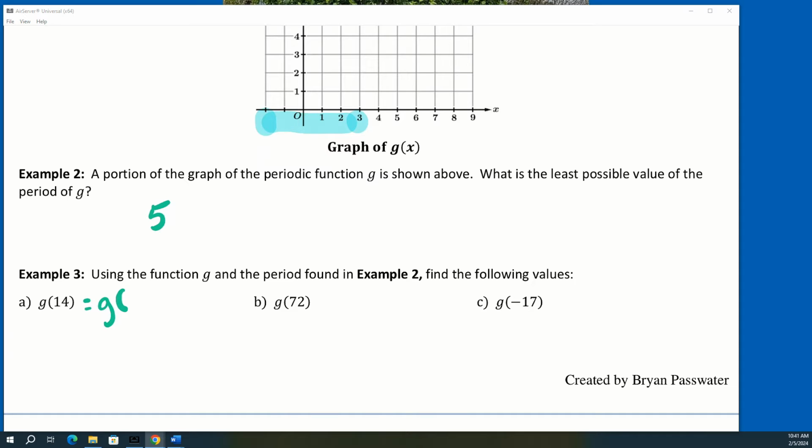So can you think of a number I can add a multiple of 5 to and get 14? It would be 4, and the multiple of 5 you would add would be 10. So that 10 is 2 periods.